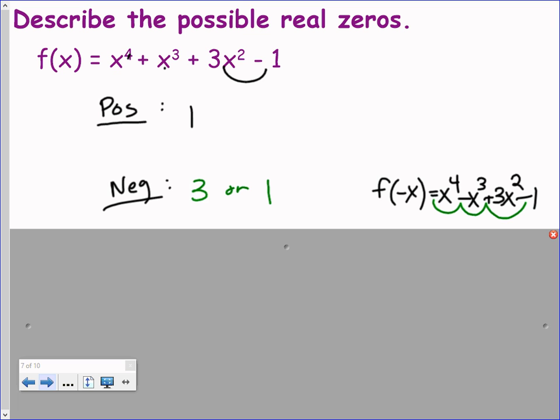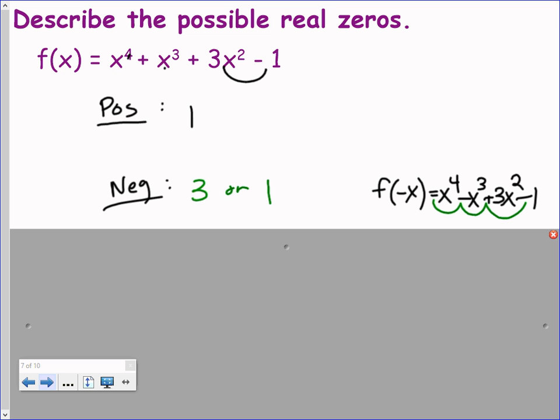So I definitely have at least one real positive zero, and I have one real negative zero. Okay. Now, it's possible that all of my zeros are real if I have 3 negatives and 1 positive. But it's possible, like, if I have 1 and 1, then my other 2 are imaginary zeros.